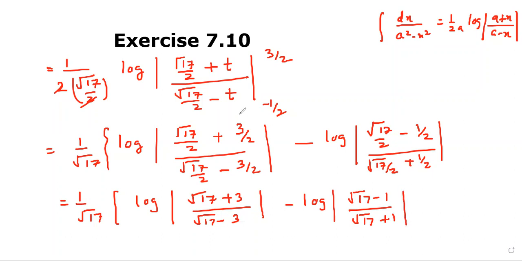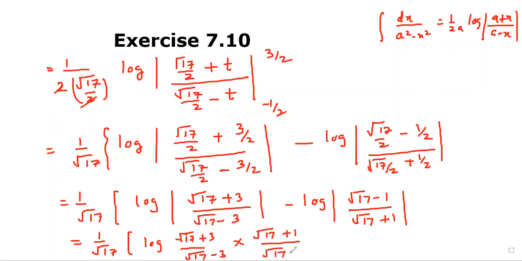Now applying the property of log m minus log n, it will become 1 upon root 17 log of root 17 plus 3 divided by root 17 minus 3 multiplied by root 17 plus 1 upon root 17 minus 1.